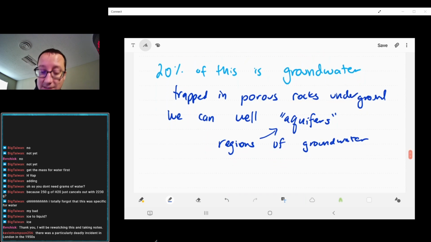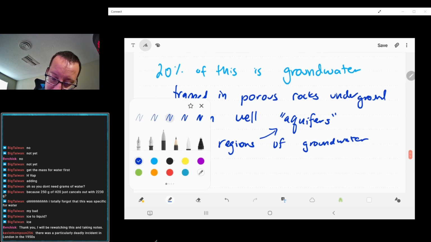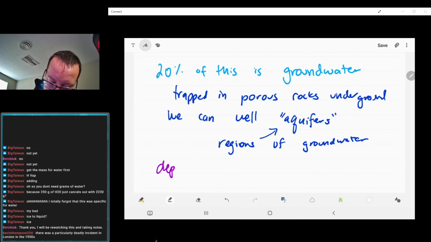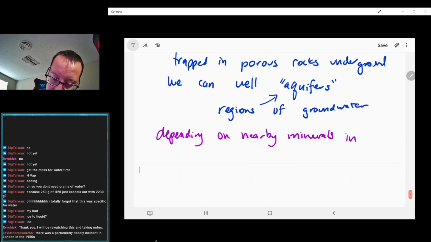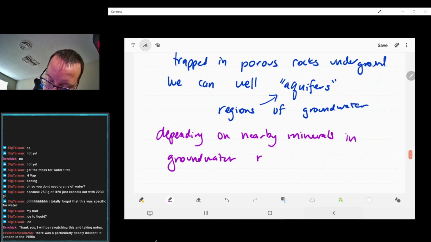However, as it sits there, depending on nearby minerals in groundwater rocks, things can leach in.